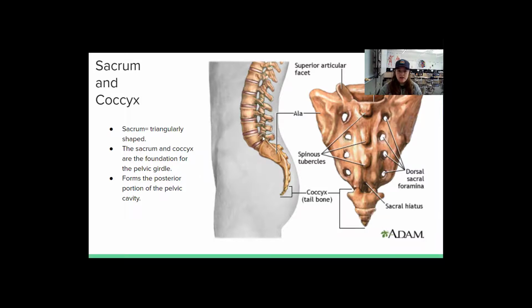In males, the sacrum and the coccyx is going to curve even more inward. And this is distinct from females because if we had a curvature that went into the pelvic cavity, such as we see with males, then a baby would not be able to exit out the birth canal without breaking the sacrum and the coccyx of the mother.